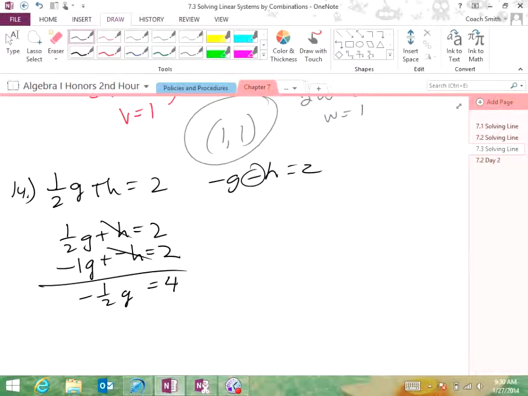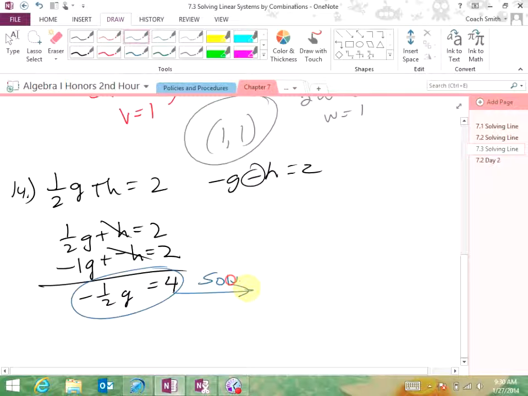Okay, so I want to solve this. So negative 1/2 g equal 4. To solve that, I must multiply by the reciprocal to both sides, which gives g equal to negative 8.